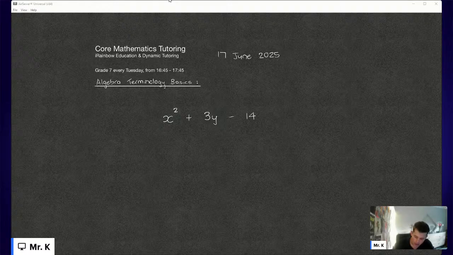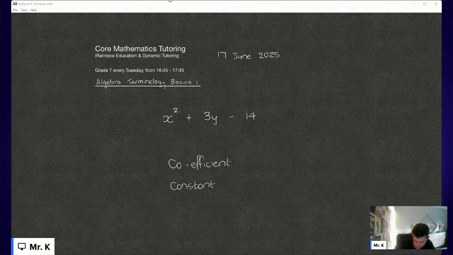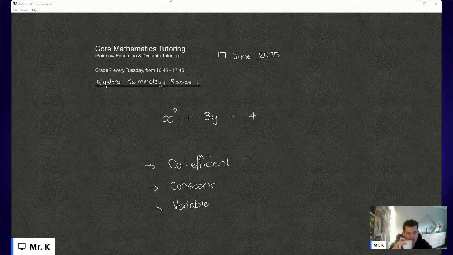But when we look at this, grade 7s, we need to understand what the word coefficient means, what the word constant means, what the word variable means, right? So there are all of these different terms that we use when discussing work in the chapter of algebra that we need to understand.